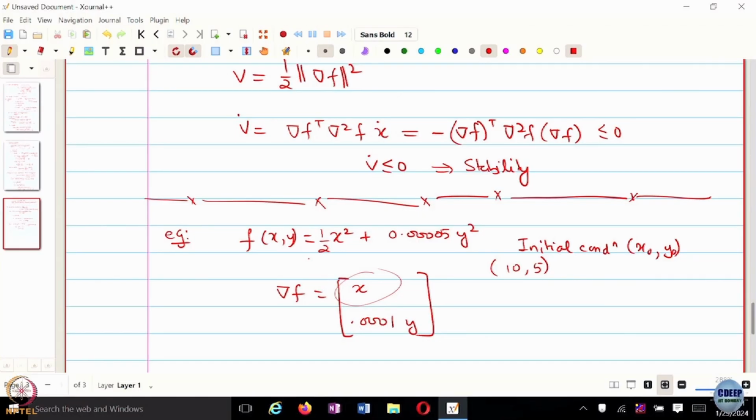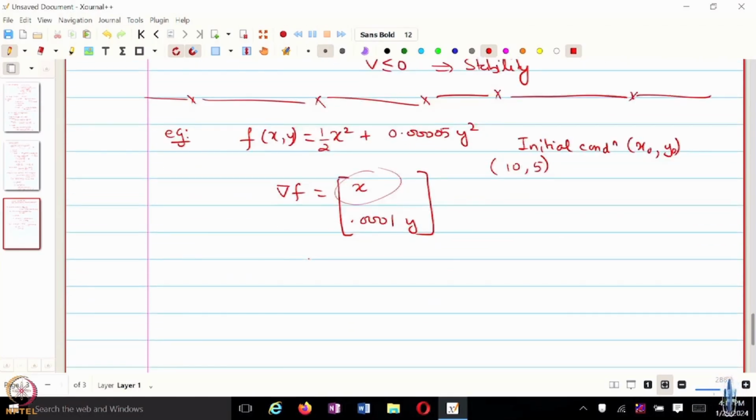If I forget the continuous time version for now, and for the sake of simplicity just look at the discrete time variant, x k plus 1 is x k minus, let us say, the gradient with respect to x, and this would be your update.